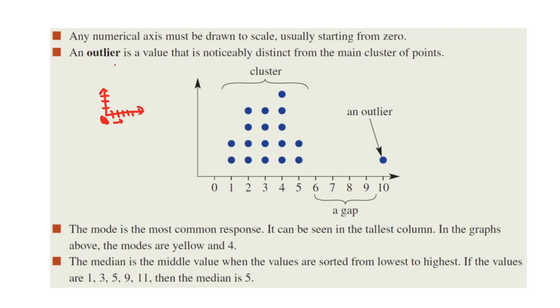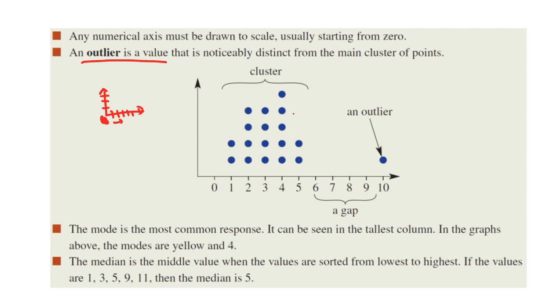Now what is the concept of an outlier? This is what we will learn next. An outlier is a value that is noticeably distinct from the main cluster of points. Here you see this is the data, basically a dot plot, how it looks.